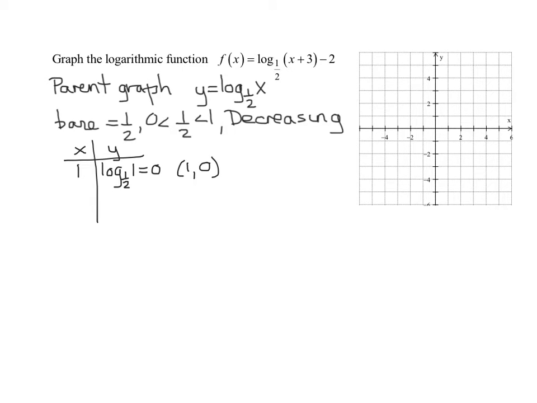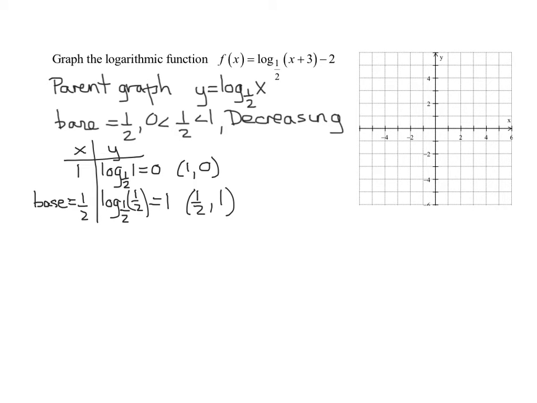Another key point is whatever the base is, we put that in for the x value. So my base is 1/2. So I have to figure out log to the base 1/2 of 1/2. And remember, that is one of the basic properties of logs. Log to the base 1/2 of 1/2 is 1. So that's going to give us another key point of (1/2, 1).